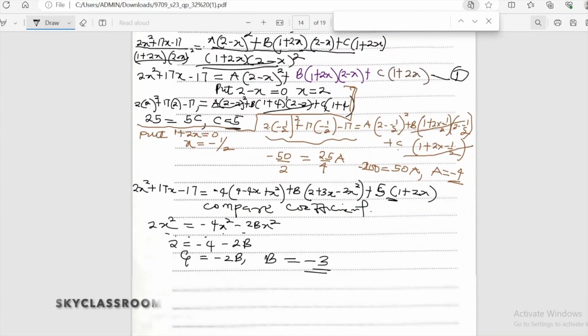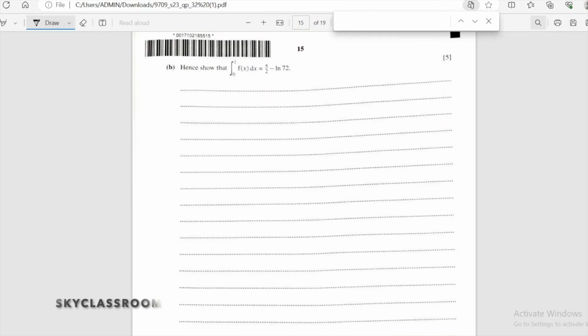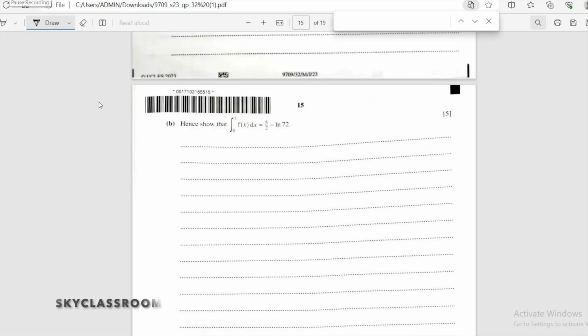I hope you understand. Now the next part of it, we have to integrate the function of x. We have to show that the integral of the function, which is the partial fraction, is equal to 5 over 2 minus ln 72. Remember that function of x from the previous part has been split into minus 4 over 1 plus 2x minus 3 over 2 minus x plus 5 over 2 minus x all squared.